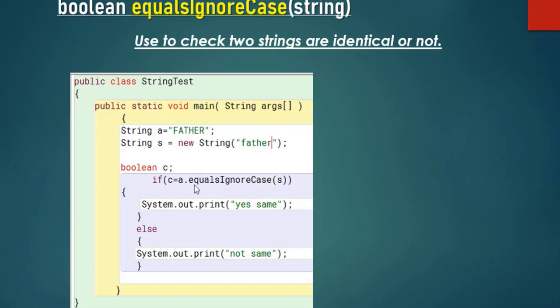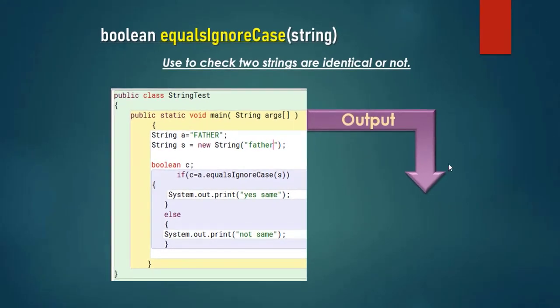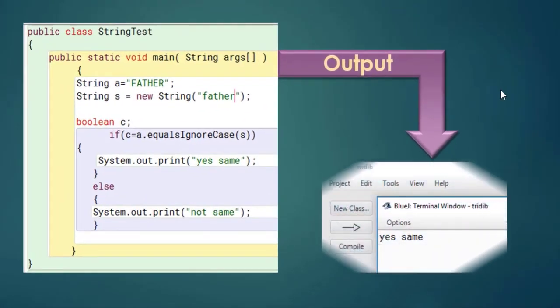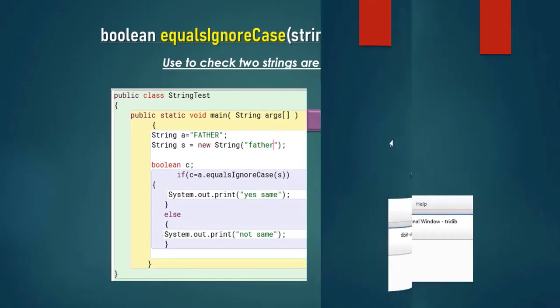But if I use equalsIgnoreCase, then this output will come as yes, same, because we are using the equalsIgnoreCase function here. Let us see the output. It will come yes, same.